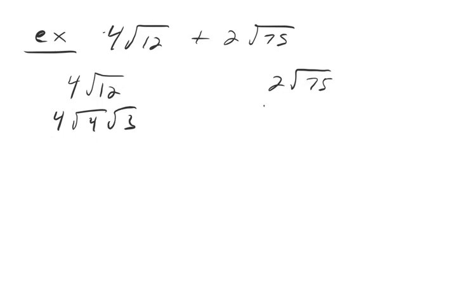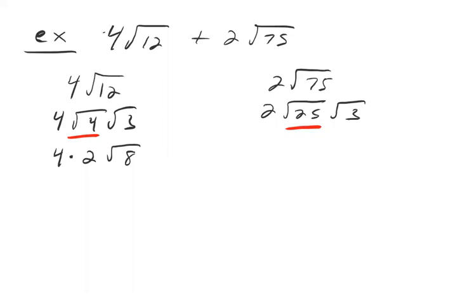And then I'm going to carry the 2 down. 75 is the square root of 25 times the square root of 3. 3 times 25 is 75. Both of these are perfect squares, which I can simplify. Evaluate. So this would be 4 times square root of 4, which is 2 times square root of 3. I wrote an 8 instead of 3. And so this is 8 root 3.